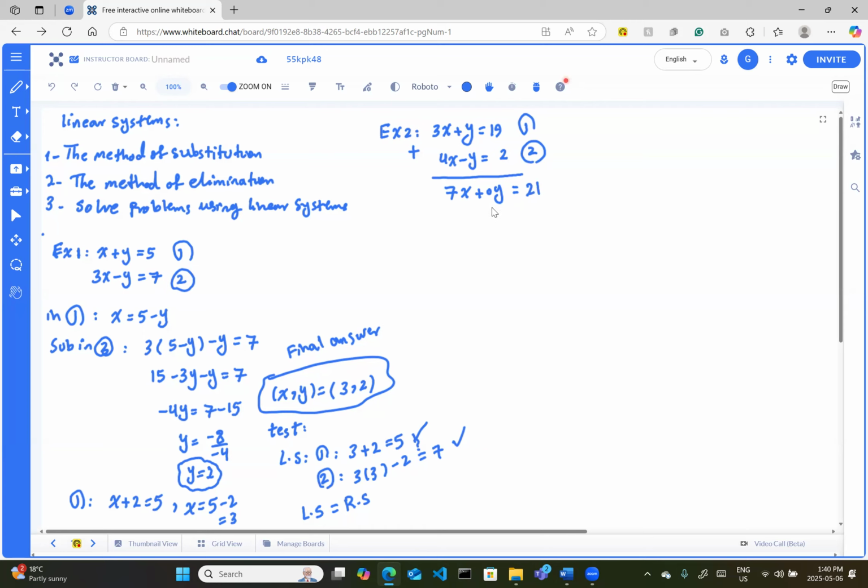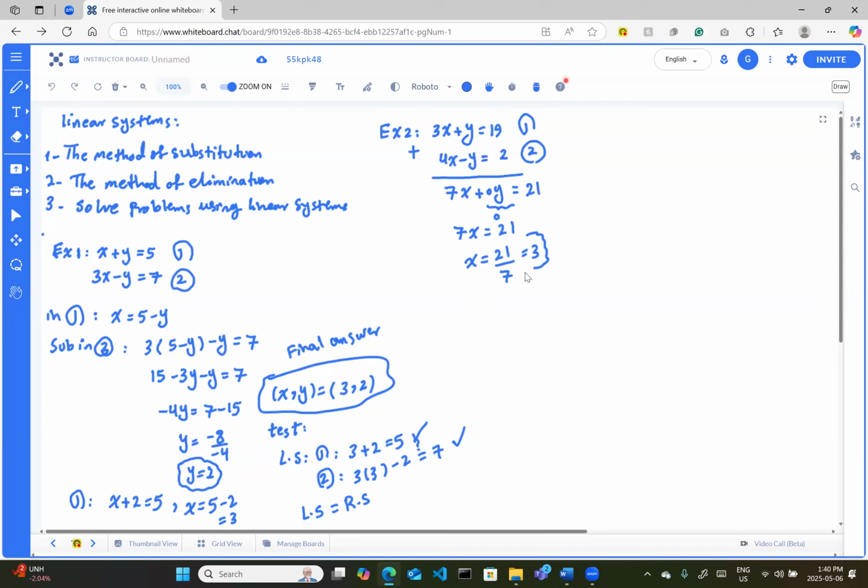So now you see there is no y. So eventually you will get a linear equation with just one variable, which is solvable. So now 7x equals 21, and then x will be 21 divided by 7. So the x value equals 3.